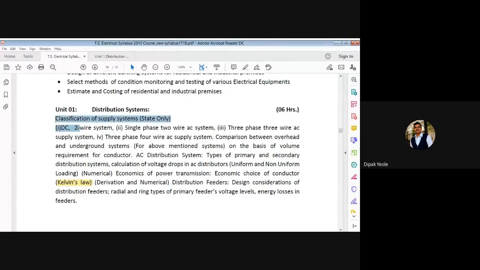After that, you have to do the comparison very clearly. And after that, we are interested in this numerical. So this numerical we have to do. And this is the simple concept, design consideration of distribution feeder, radial and ring. Yes, so these 3 points carry maximum weightage from this unit number 1.